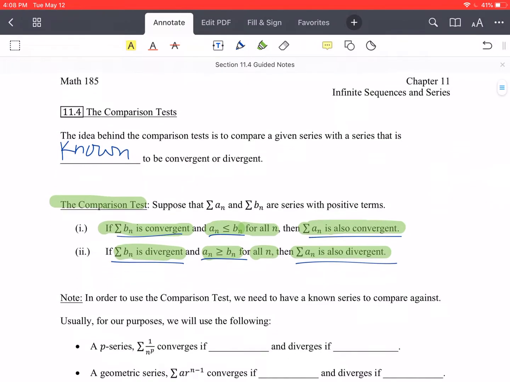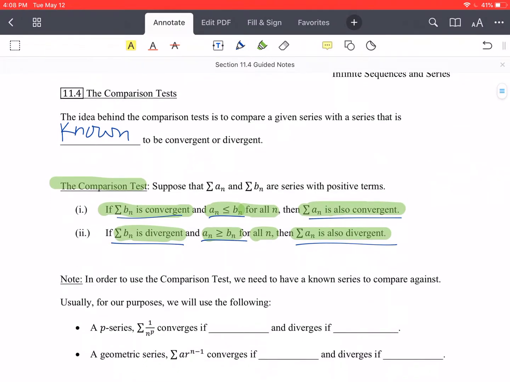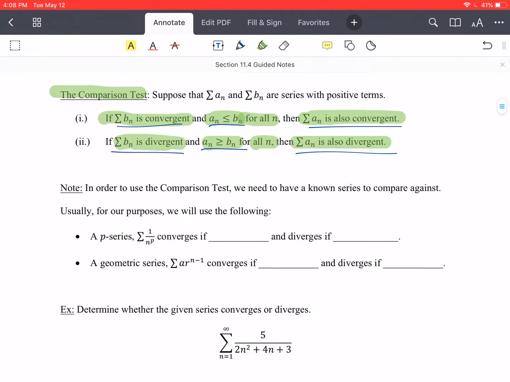Okay? So in order to use the comparison test, we have to have a known series to compare against. Usually for our purposes, we're going to use the ones that we've talked about, the more common ones that we work with. A p-series, in case you've forgotten from the last section, converges if p is greater than 1 and diverges if p is less than or equal to 1.